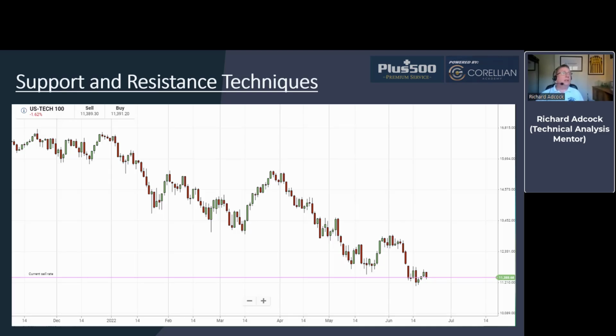Okay, so let's look at the US Tech 100 index, and this is a daily chart. You can see that the general pattern is towards lower highs and lower lows, so a downtrend. If we draw a trend line connecting those recent highs, we would say that if the market rallies back to this resistance area, chances are that we would fail again and look to resume the downside activity.